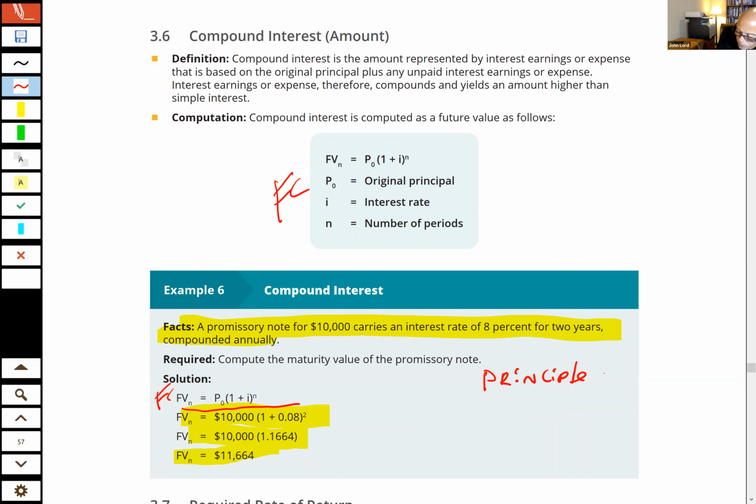Principal, right, plus period 1 interest, right, times the interest rate for the second period. So times the interest rate again for the second period would also give you the answer to what the interest was on that.